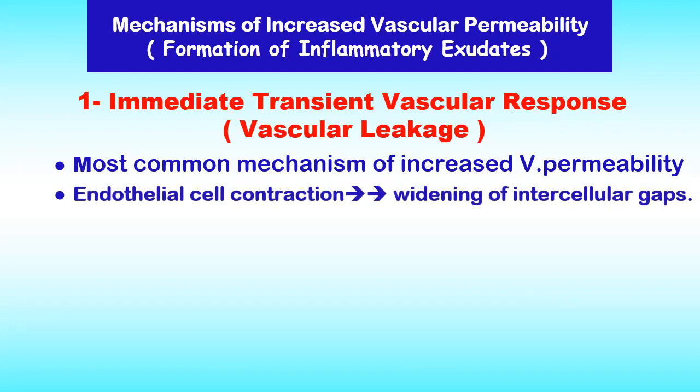There is endothelial cell contraction, leading to the widening of the intercellular gap between the endothelial cells, causing leakage of fluid, plasma and proteins from the lumen of blood vessels to the extravascular space or interstitial tissue.